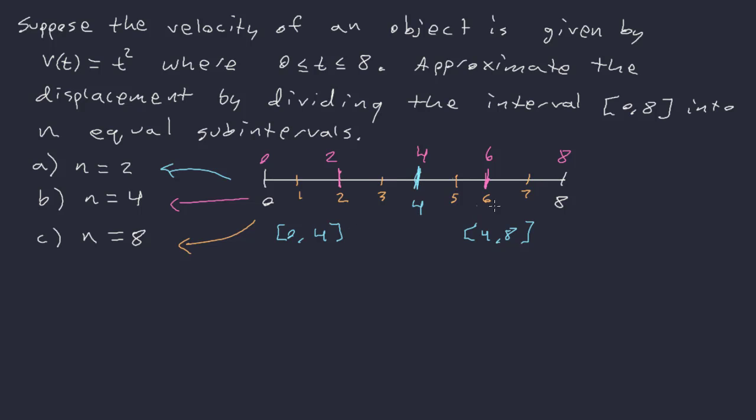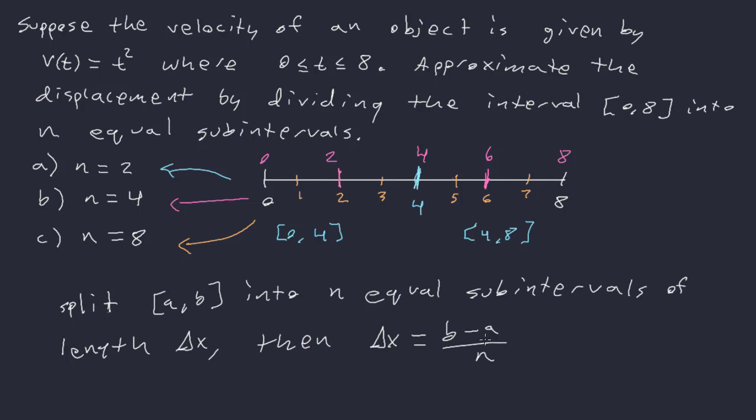Now, there's a nice little formula that helps you. If you want to split any interval a to b into n equal subintervals of length delta x, that's what we call the step size of each one of these bases for the rectangle, then delta x is equal to b minus a all over n.